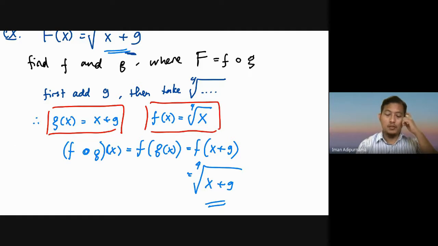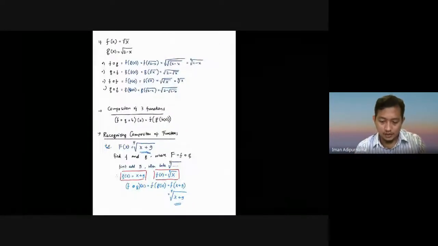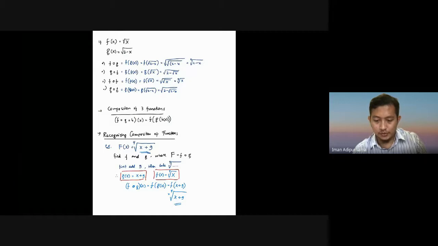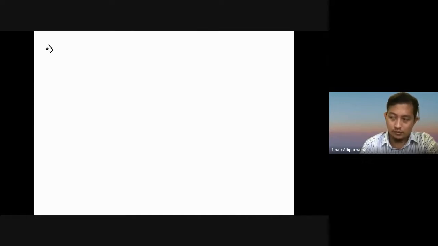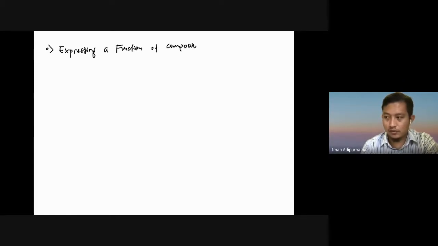Okay, maybe some other example before we move to the next part. Expressing a function of composition. Express in the form of f.